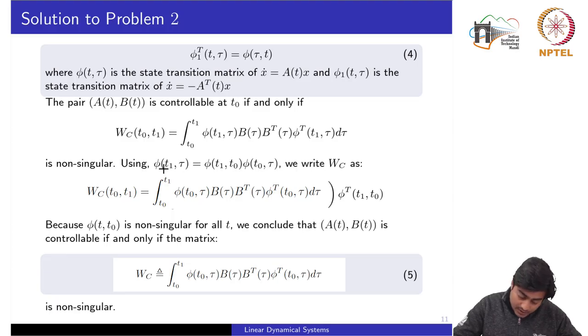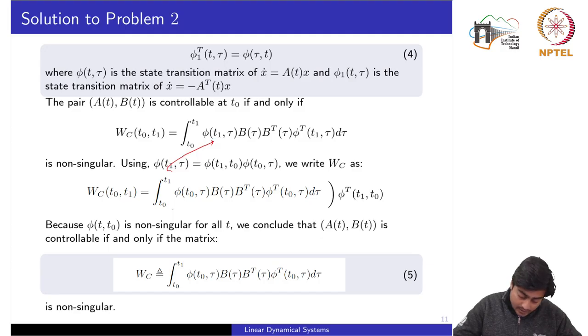Okay. Now substituting this into this WC and simplifying, we can take a pre-multiplying factor phi(t1, t naught) as the common part, and the post-multiplying factor is phi transpose(t1, t naught).